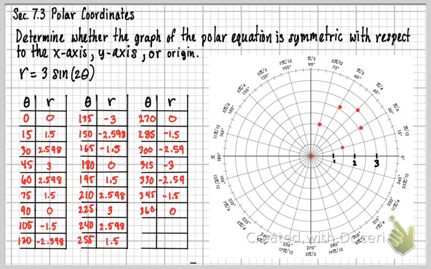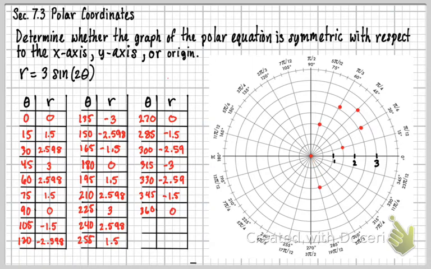Yep, that's back there. Okay, and then at 105 degrees, it's going to be negative 1.5. So keep in mind, 105 is here, but since it's negative, it's going to shoot out the other side here. So it's going to come out this way, and that's going to be the 1.5. So it's going to come out this way till about there.